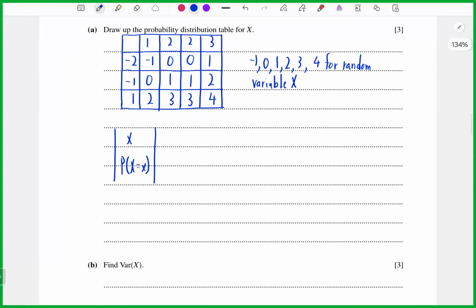So you can label -1, 0, 1, 2, 3, and the last number 4 here.